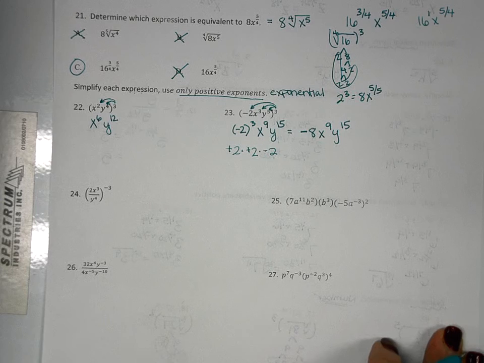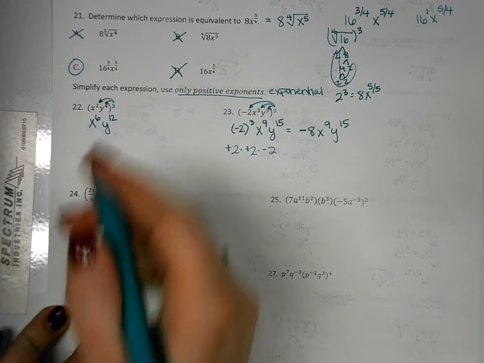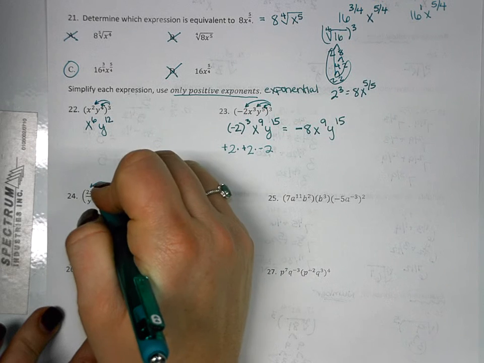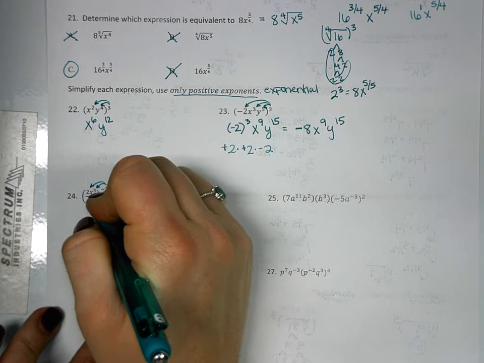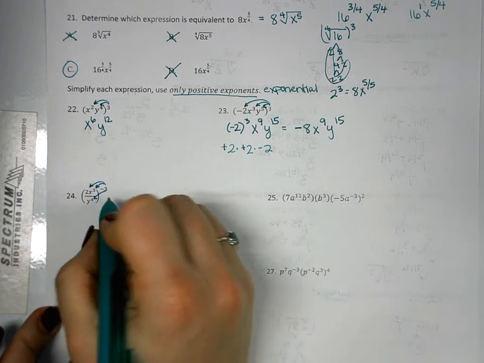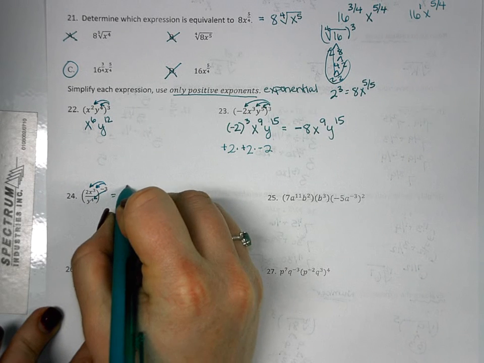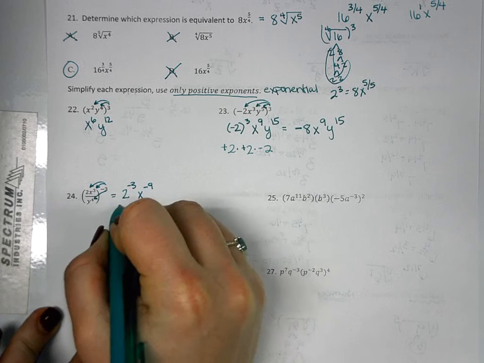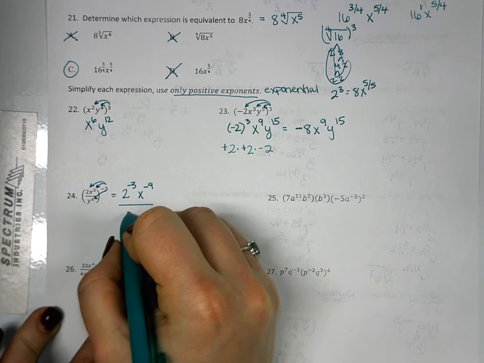Okay, 24. Put the negative through to everything inside the parentheses, both on top and on bottom. So 2 to the negative 3, x to the negative 9, because again we have a power to a power, and y to the negative 12.